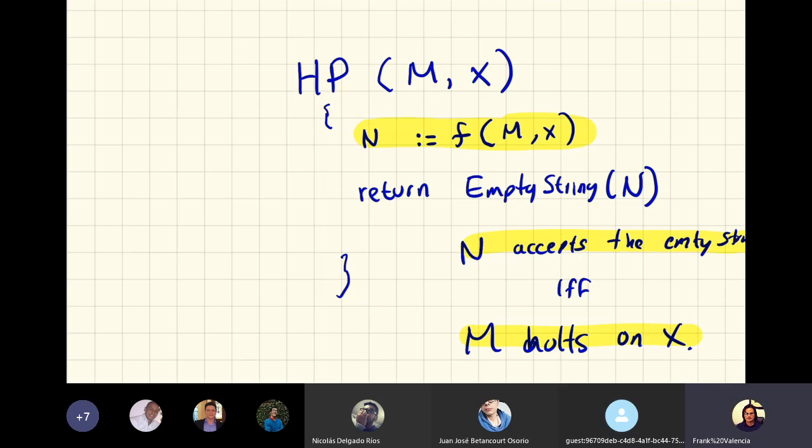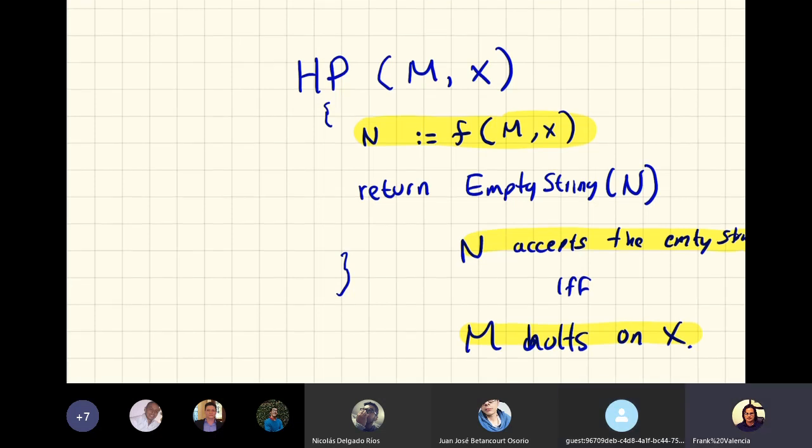That was the trick. That's not going to be the trick here, of course. So we are trying to change the machine m in some way so that the halting problem is solved. Yeah, exactly.